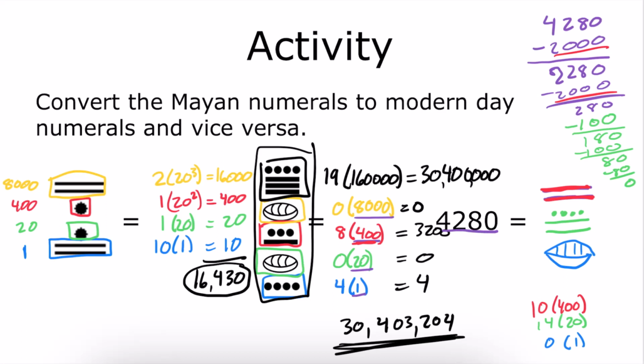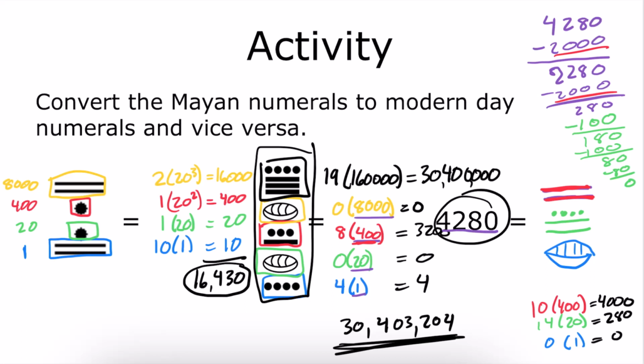And when I multiply those together, 10 times 400 is 4,000. 14 times 20 is 280, and 0 times 1 is 0. And if you add all of those up, that does equal 4,280. And so that's how you would write the number 4,280 as that Mayan numeral.